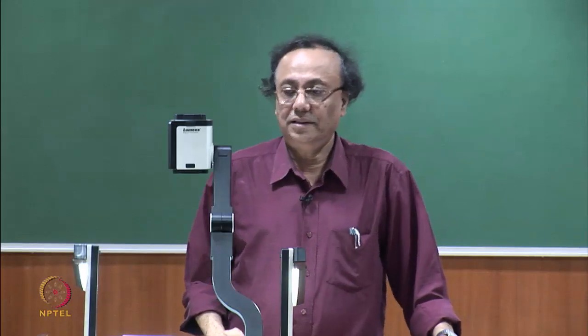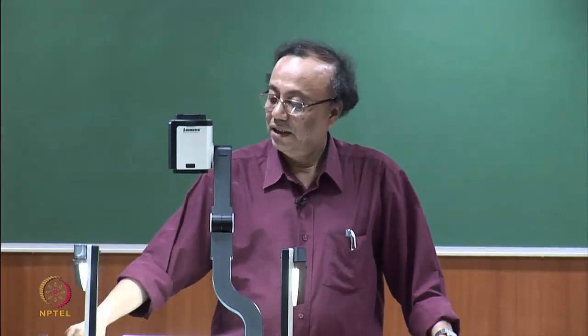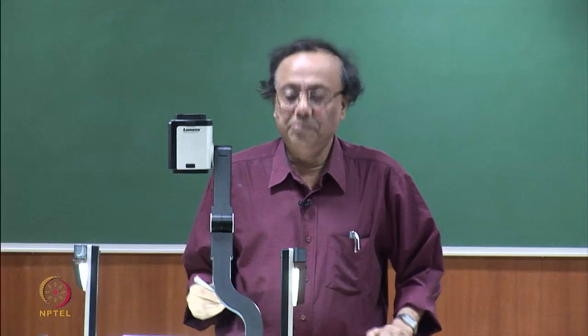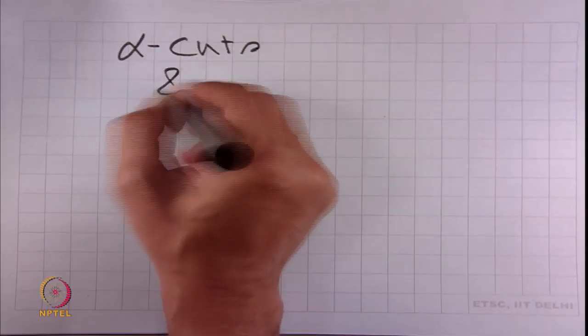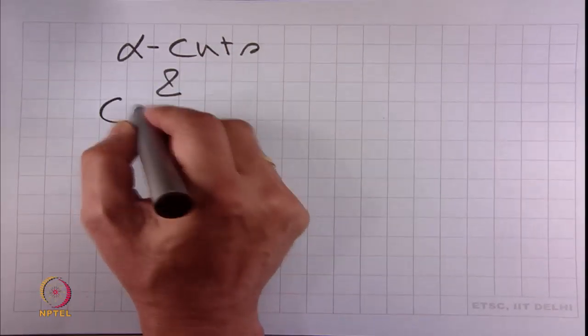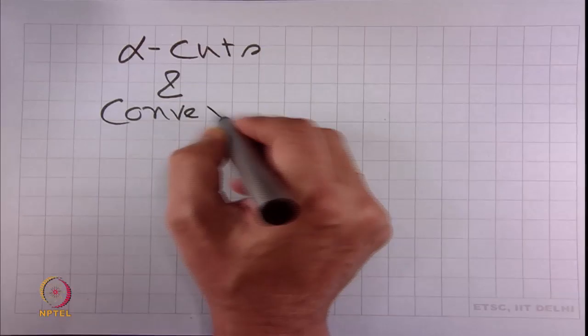In the last lecture, we discussed two important topics, namely alpha cuts and convex fuzzy sets.